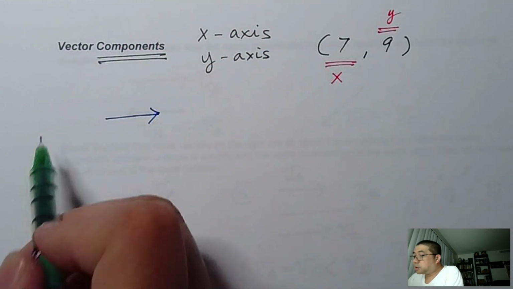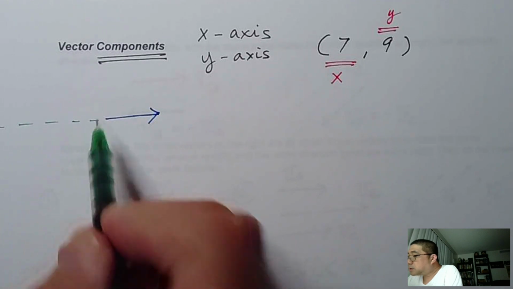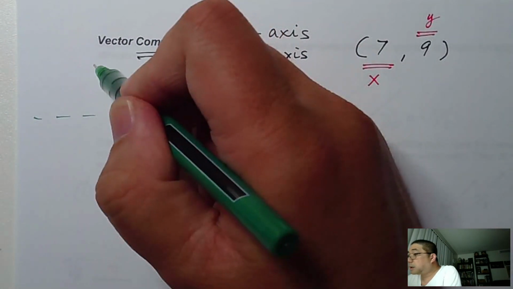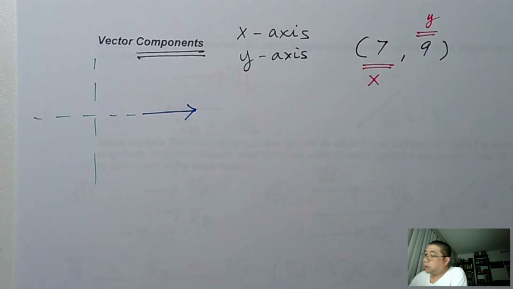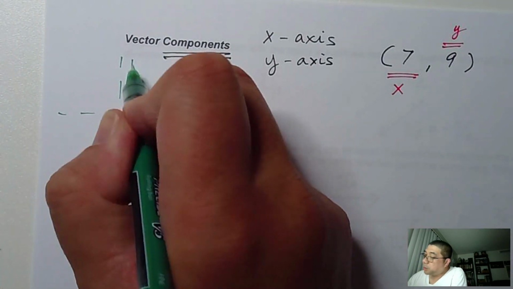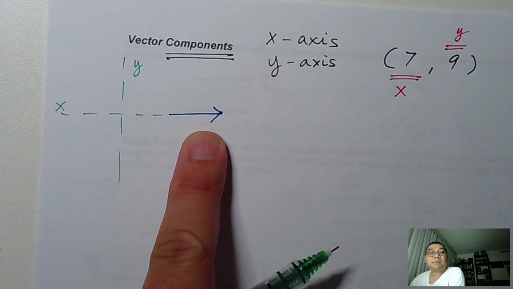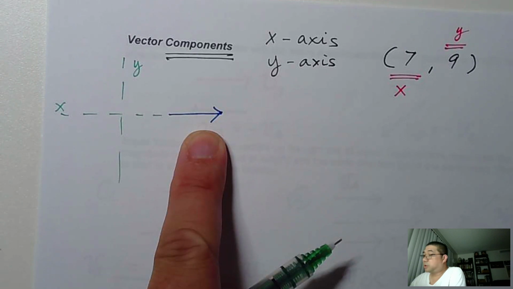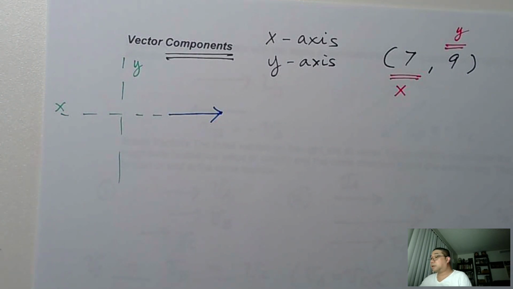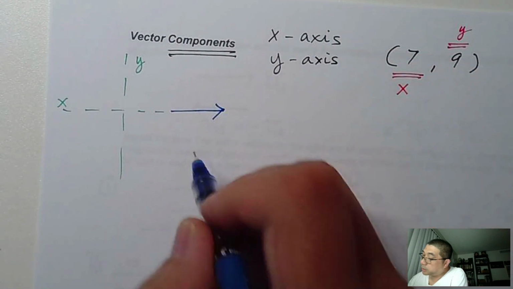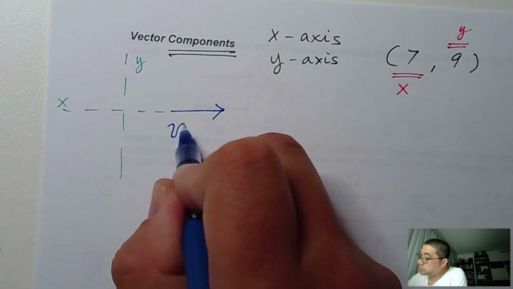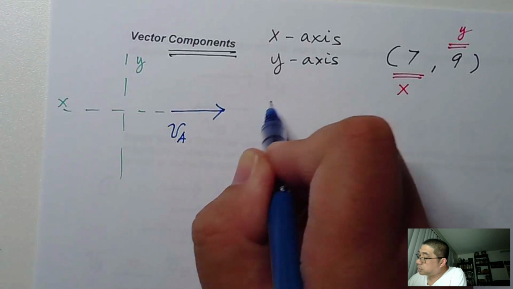Let's continue this dotted line. Let's say we have this imaginary line, and this is your y-axis, this is your x-axis. So what is the value of the components of this vector? Let's say this one's vector A. So what are the components?